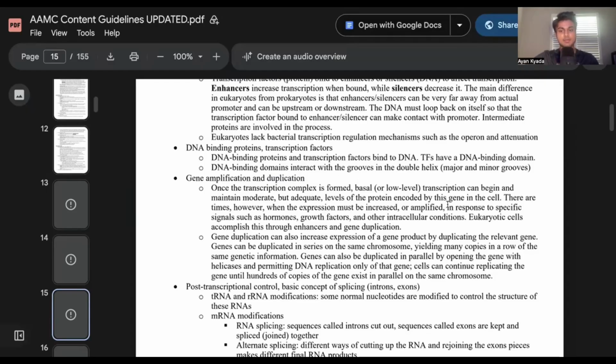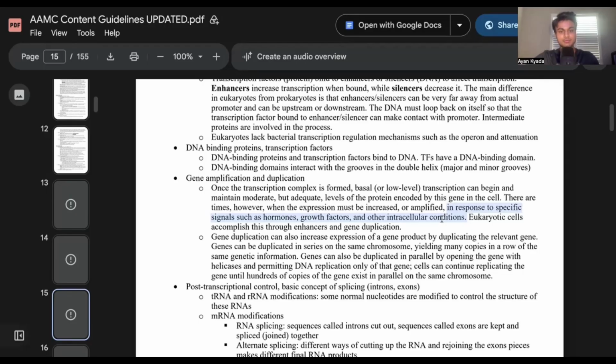And usually this can happen in response to specific cellular conditions like hormones, growth factors, steroids, or other emergent intracellular conditions. The premise of it boils down to, if you have more sequences, more are going to get transcribed, which are thereby going to get translated into proteins, producing more products.